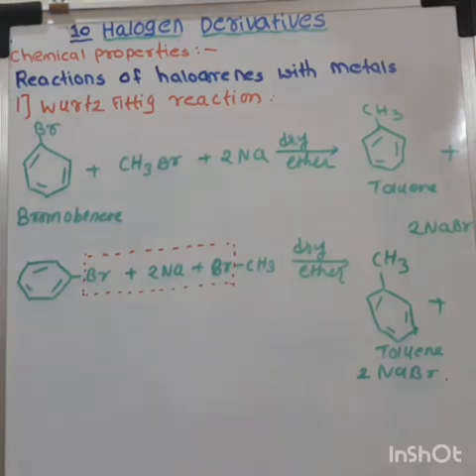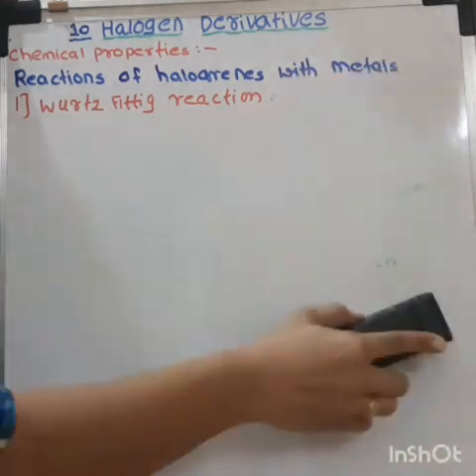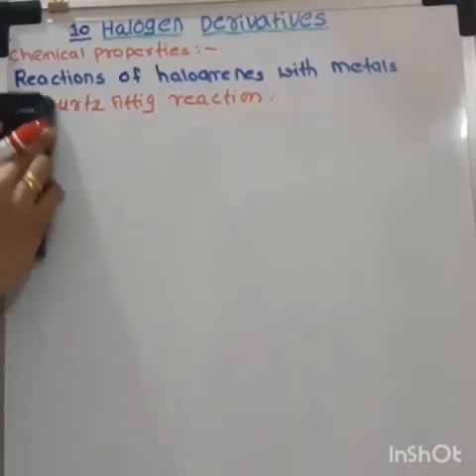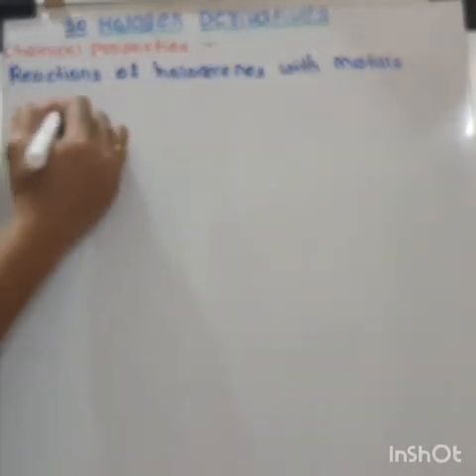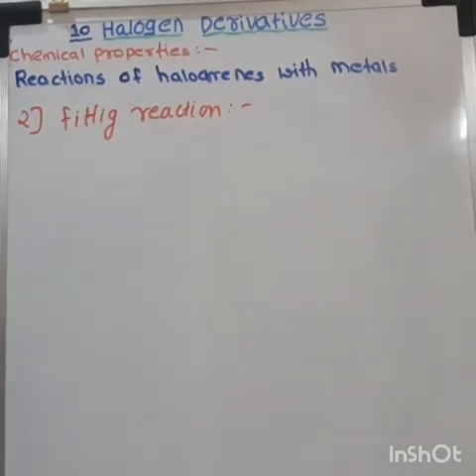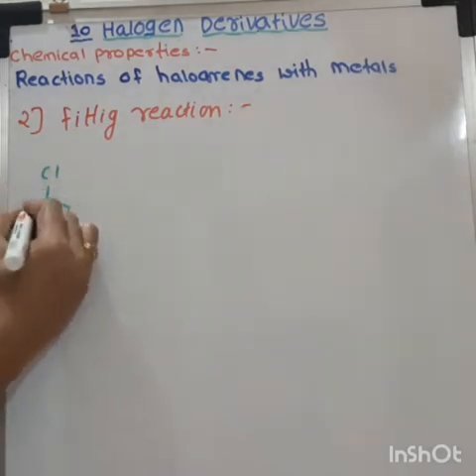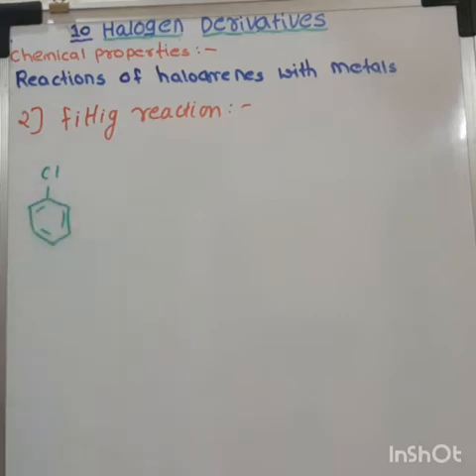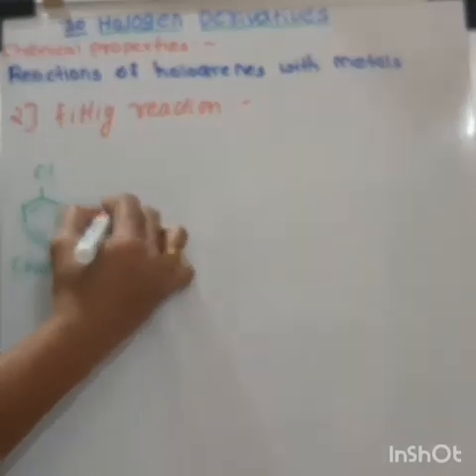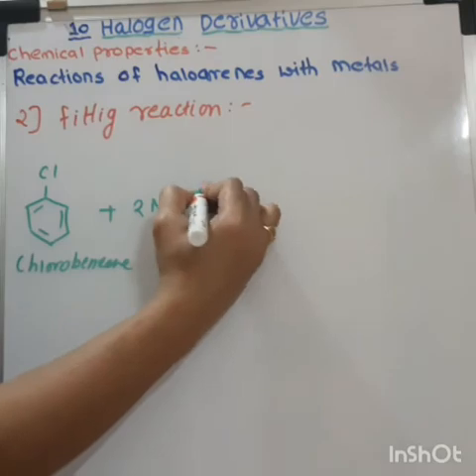Now let's see Fittig reaction. The reaction is, we'll take the example of chlorobenzene plus 2 molecules of sodium in presence of dry ether.